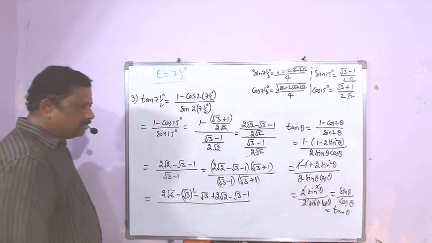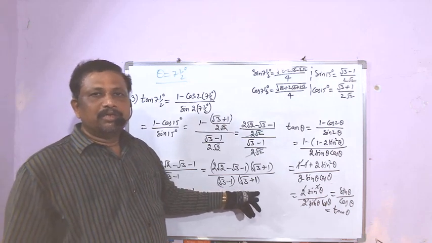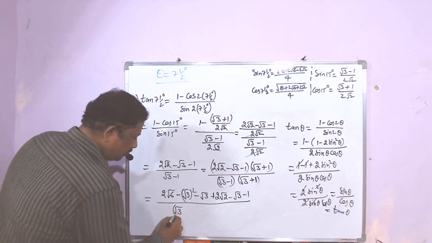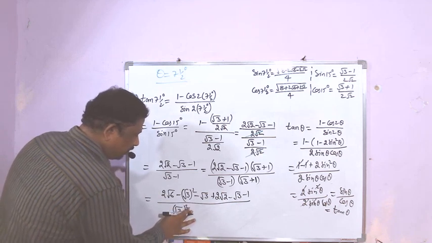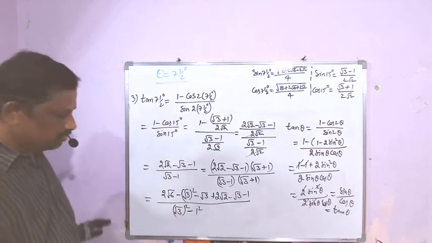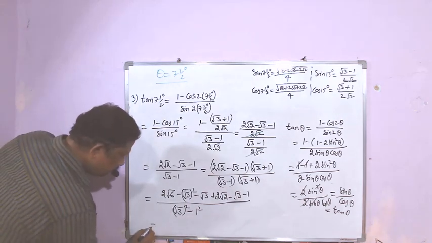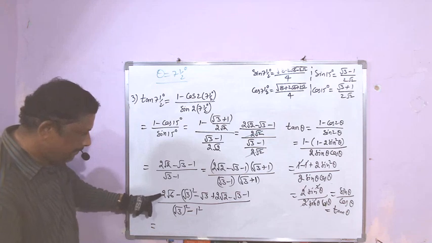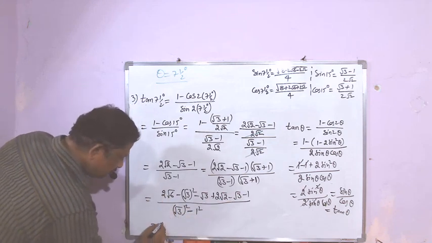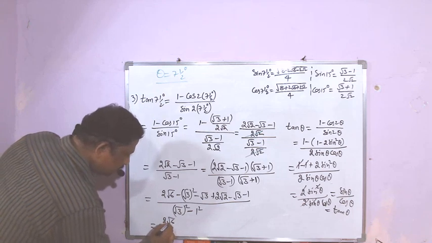Whole divided by, this is in the form of a minus b into a plus b, a square minus b square. So root 3 whole square minus 1 square. Carefully observe here. Here 2 root 3 is having, here root 6 only 1 having, 2 root 6.